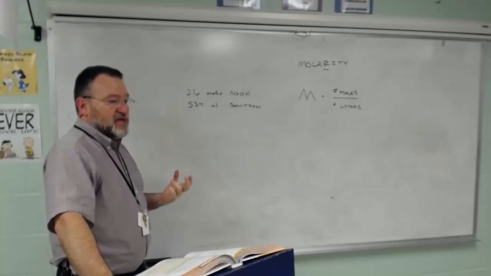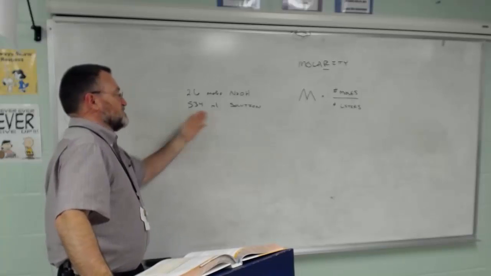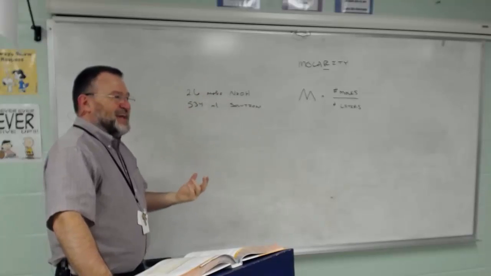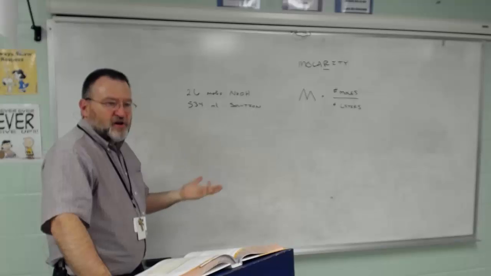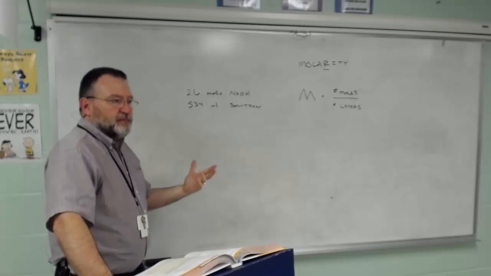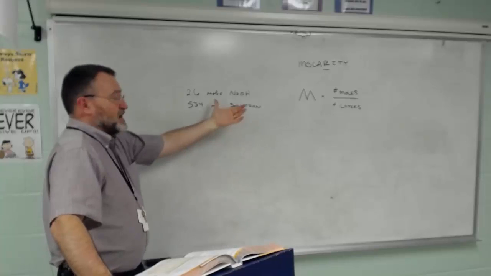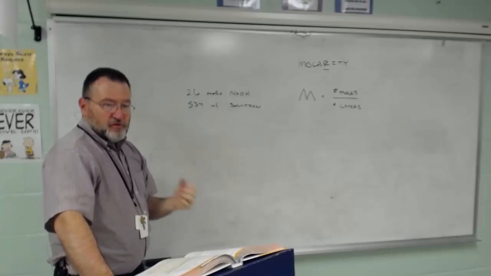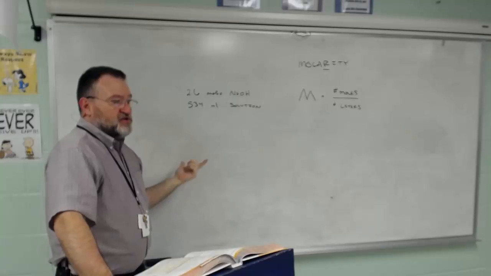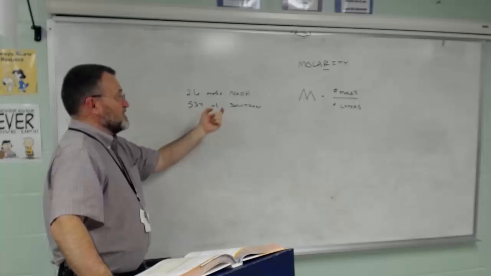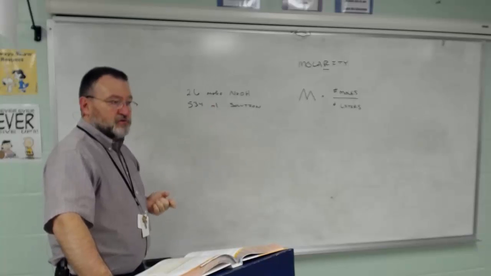One of the things to recognize here is that if I was in the lab and I had a certain volume and a certain number of moles of sodium hydroxide already mixed together, and I decided I wanted to add more sodium hydroxide, and I poured more of the solute into the mixture, I would increase the concentration, yes, but I would also at the same time increase the volume of the solution, right?